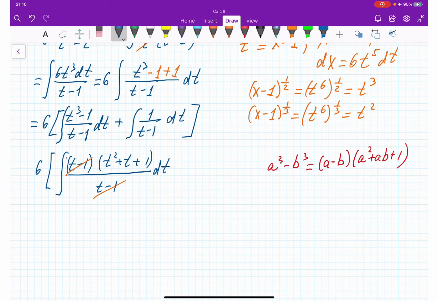And we have here integral dt over t minus 1, right? Okay, so from here, what do we get?